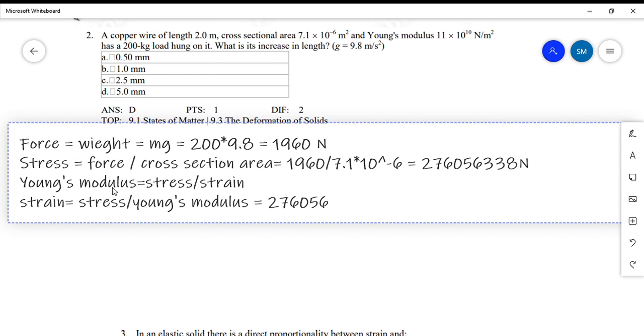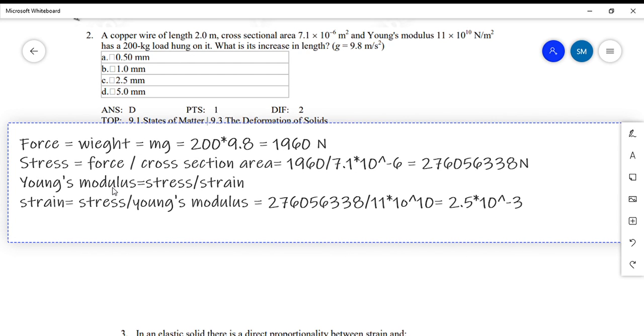Over the Young's modulus he gave us in the question, 11 times 10 power 10. This is equal to 2.5 times 10 power negative 3. And there is no unit for strain, as it is the ratio between stress and Young's modulus. Stress has the same unit as Young's modulus, so there is no unit for the strain.